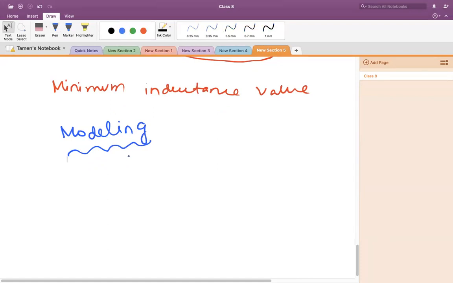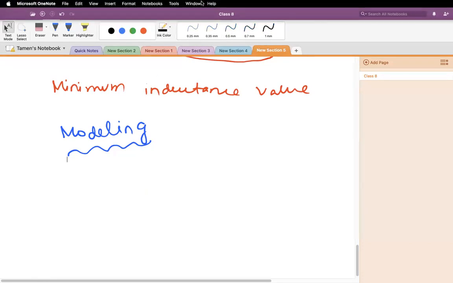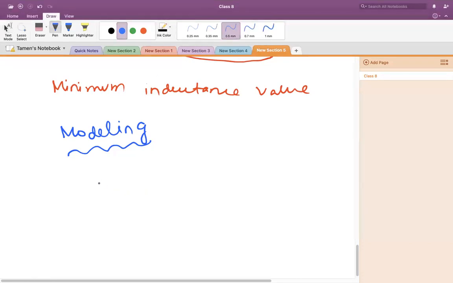Yeah, model means any kind of model, circuit-based. So modeling is how you model the circuit, the pattern, the way, the process. So I am going to first show you the diagram.